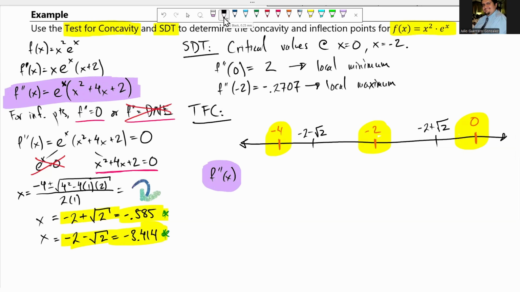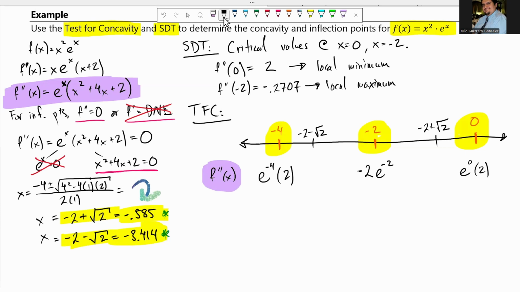If I plug in -4, my value is going to be e to the negative fourth times 2. If I plug in -2, I'm going to get -2 e to the -2. And if I plug in 0, I'm going to get e to the 0 times 2.